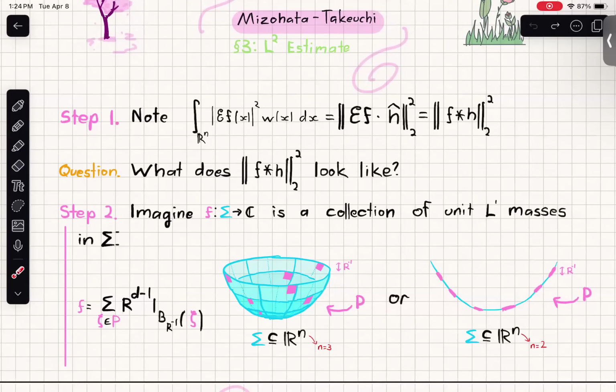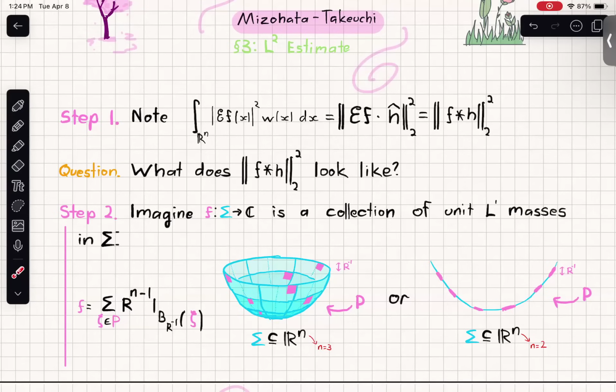That's all this one is saying. This is just saying that it's a collection of unit masses. There is a different exponent here. Oops. That is supposed to be an n, not a d, because here I have n as my dimension, not d.